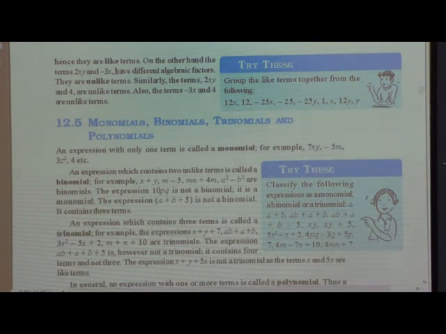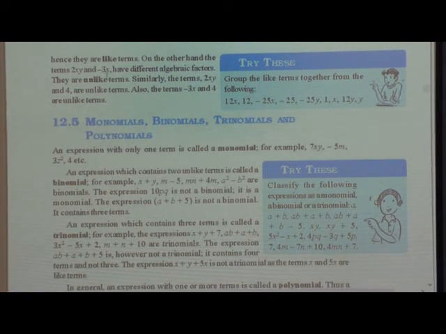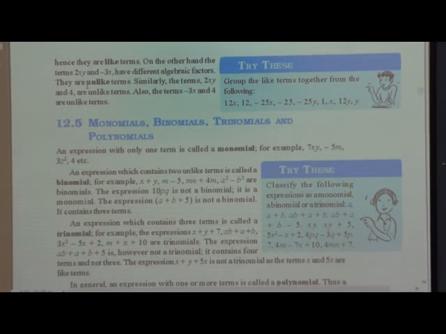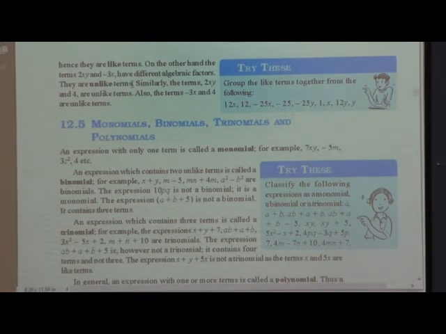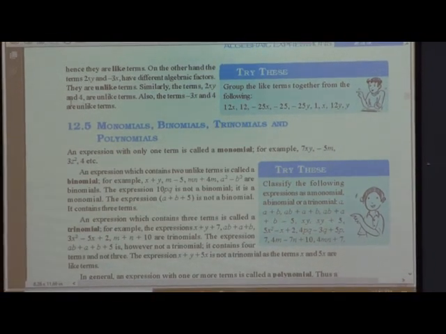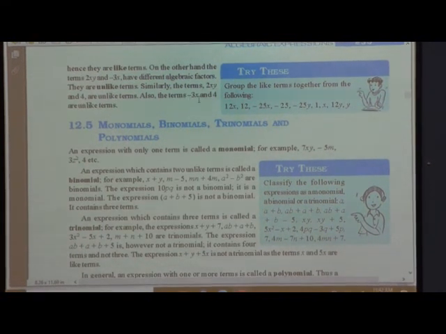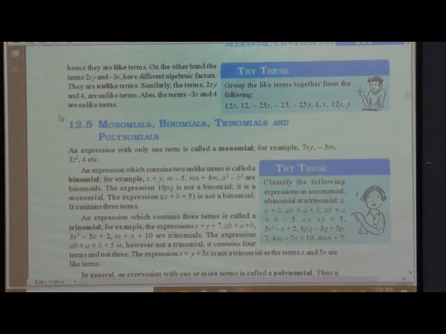On the other hand, the terms 2xy and minus 3xy have different algebraic factors, so they are known as unlike terms. Similarly, the terms 2xy and 4 are unlike terms. Also the terms minus 3x and 4 are unlike terms.